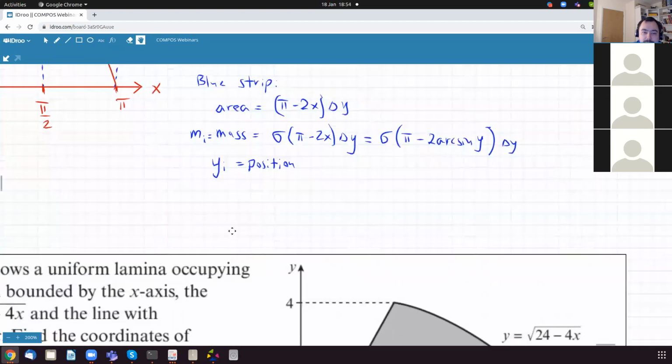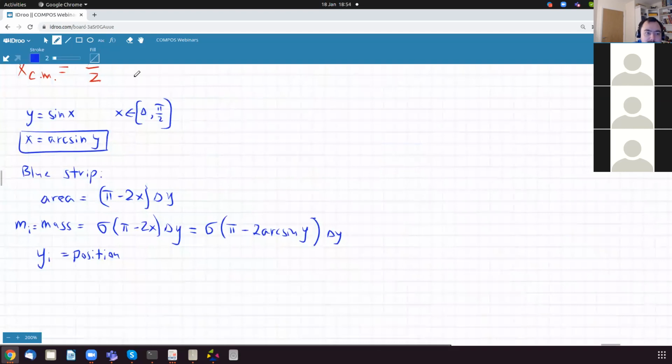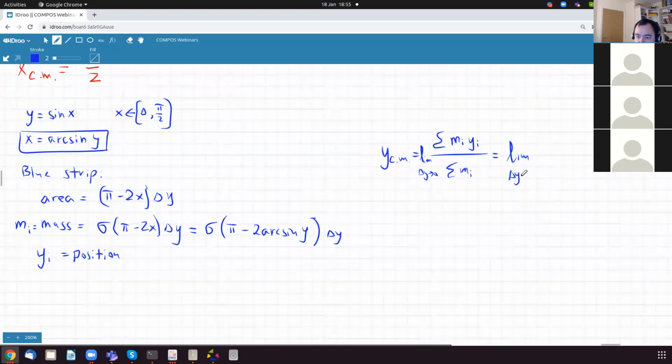Now we use the formula for y center of mass. Center of mass is the sum of mi yi divided by the sum of mi. And the limit, of course, delta y tends to 0.